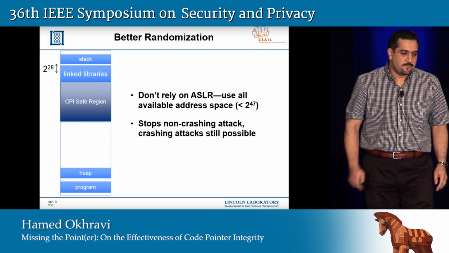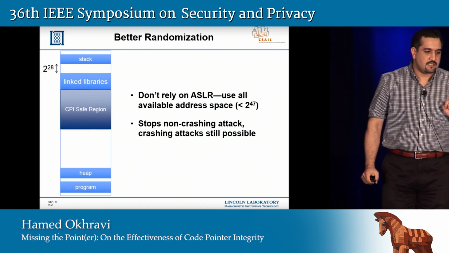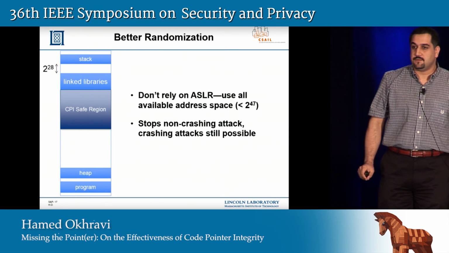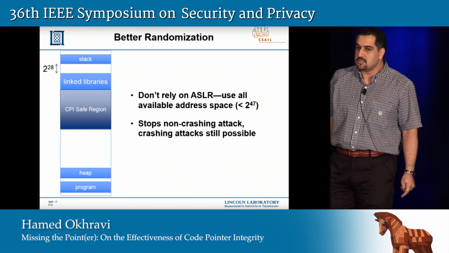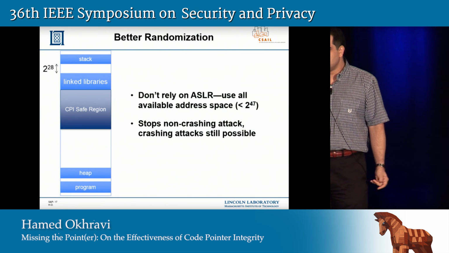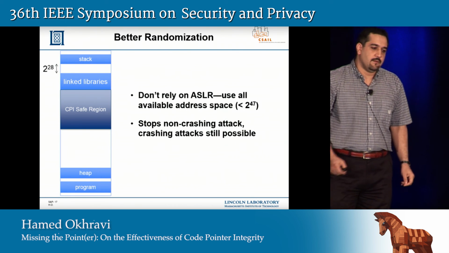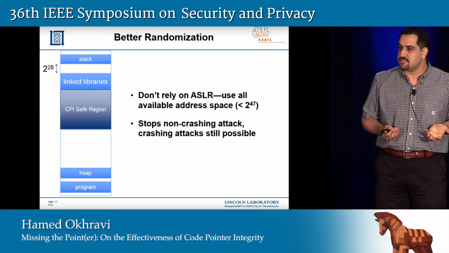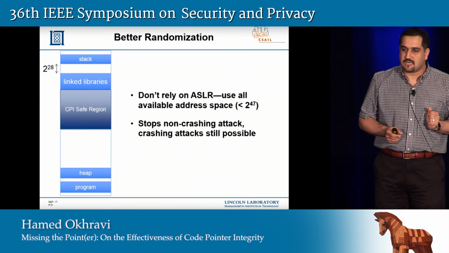So instead of just having a little bit of entropy, we can use the entire address space. That is possible, and in that case, the non-crashing attack will be stopped. We cannot do this without causing a crash. But the crashing attack is still possible, and on average, it will cause 16 crashes, even with this randomization.